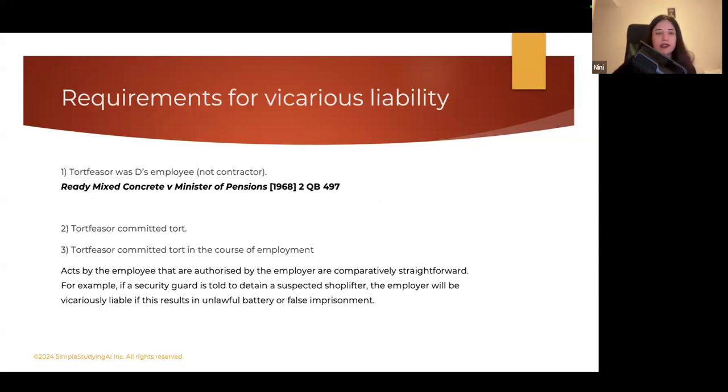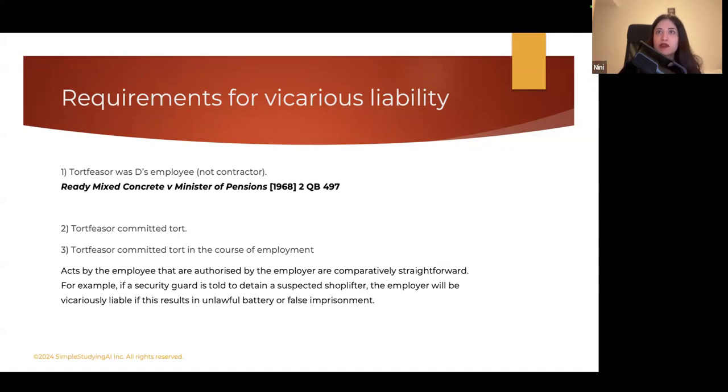Requirements for vicarious liability. First, the tortfeasor was the defendant's employee, not a contractor. The case you can cite is Ready Mix Concrete versus Minister of Pensions. Second, the tortfeasor committed a tort. And third, the tortfeasor committed the tort in the course of employment. So the first one has to be an employee, not a contractor, not a worker, has to be an employee.